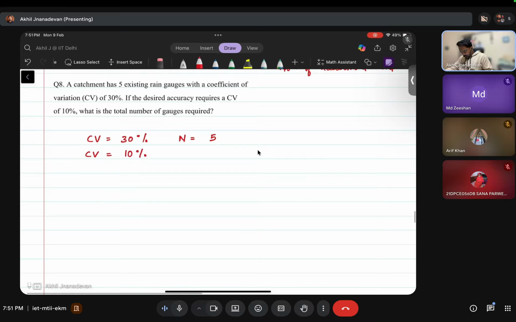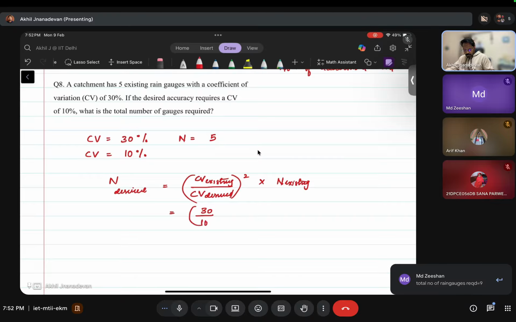The equation is N desired equals CV existing over CV desired, the whole squared, into N existing. So that will be 30 by 10, into 5.